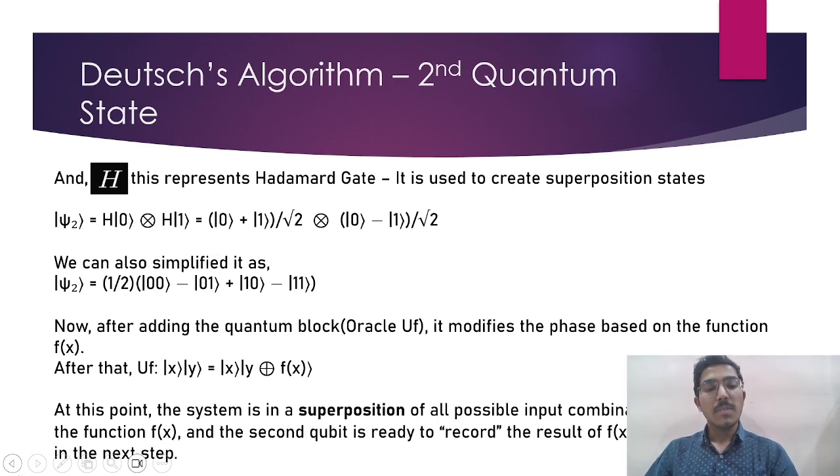After that, the quantum oracle maps x qubit y qubit to x qubit y XOR f of x. At this point, the system is in superposition of all possible input combinations 0 and 1 to evaluate the function f of x, and the second qubit is ready to record the result of f of x through the oracle in the next step.